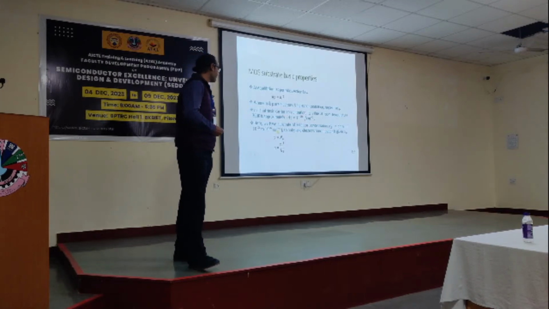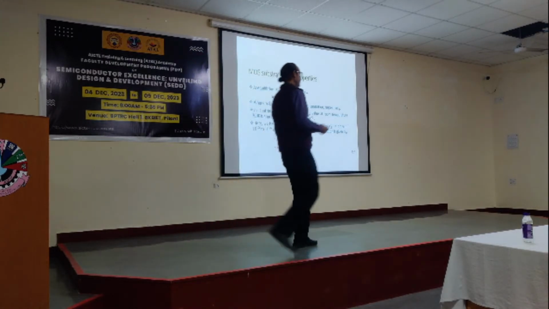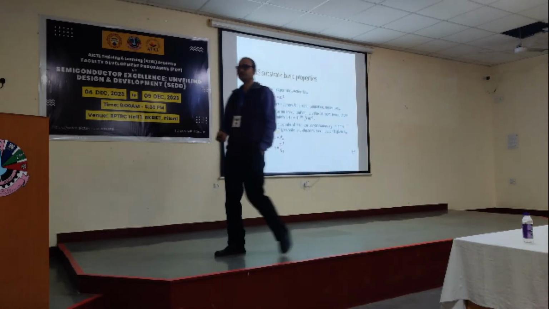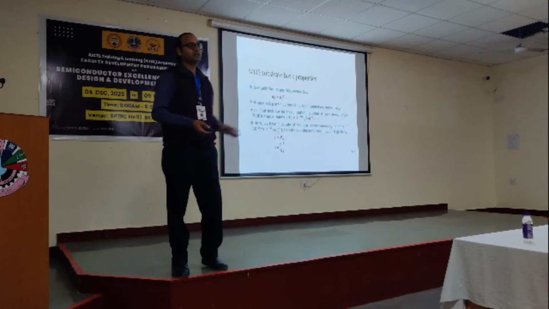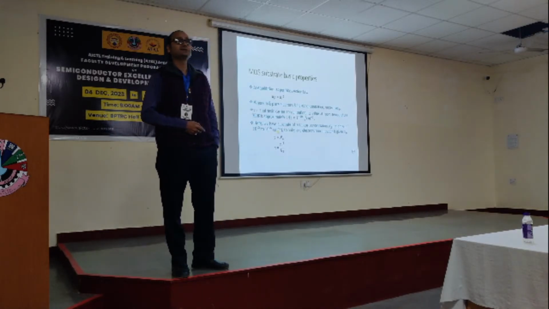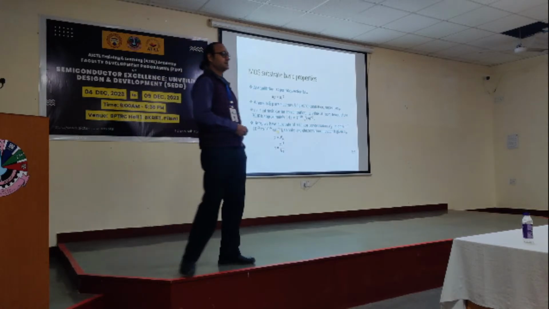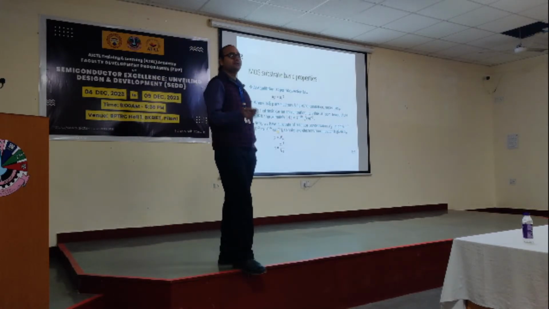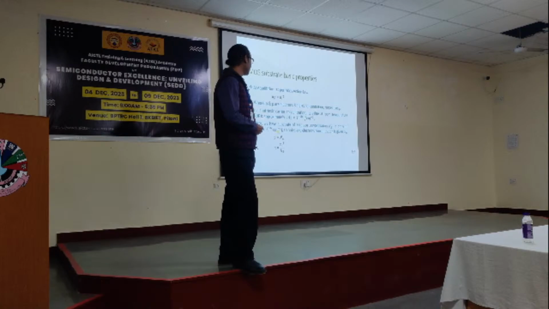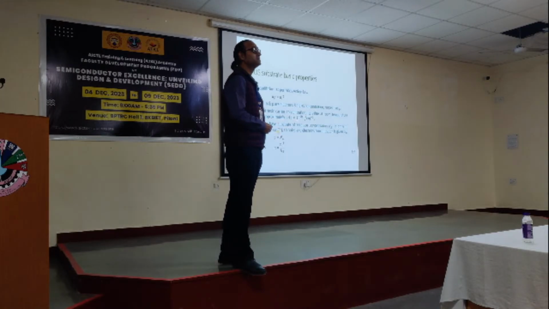Now here I have a point of discussion. Suppose temperature is made 0 degree, or 0 Kelvin, ideal, everything is frozen out. What will be this concentration? That's why every time we write here 300 Kelvin. If we make it 0 Kelvin, this will go to 0.